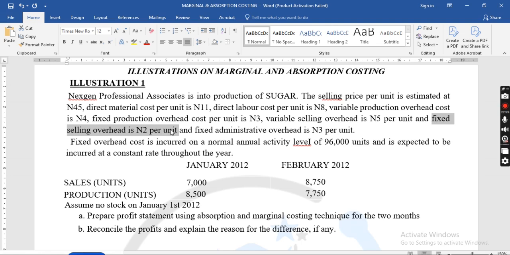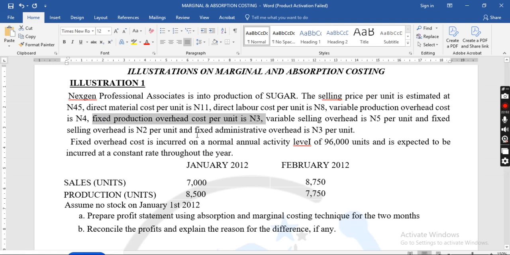Fixed administrative is not for production. It is an expense, class. The only fixed cost that is attributable to production is the fixed production overhead cost, and it is given in the question, which is your OAR. You don't need to do budgeted overhead over budgeted levels of activities, class.